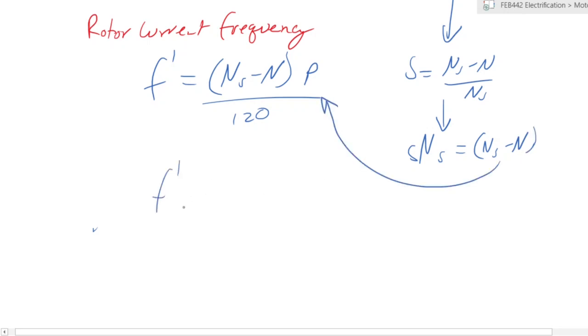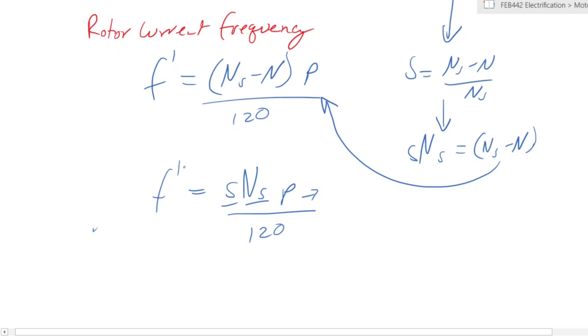So in other words, the rotor current frequency is equal to S times ns times P over 120. Ns is the synchronous speed. S is the ratio of the difference between the mechanical speed and the rotating magnetic field speed, times P, the number of poles, right?